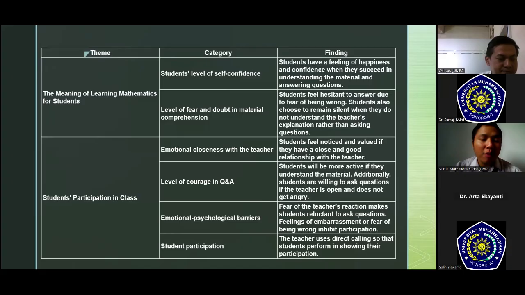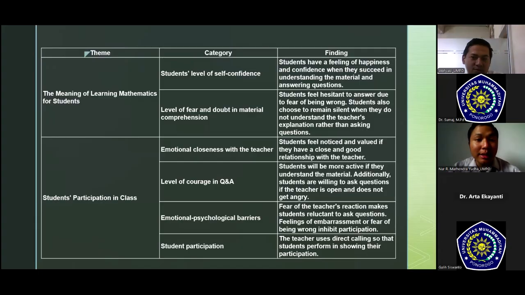So here's what we found during our research. There are two themes in this case. The meaning of learning mathematics for students has several categories. The first category is the student's level of self-confidence. What we found is students have a feeling of happiness and confidence when they succeed in understanding the material and answering the questions.